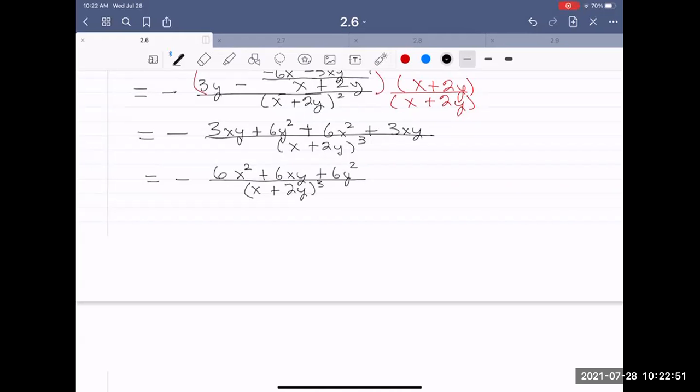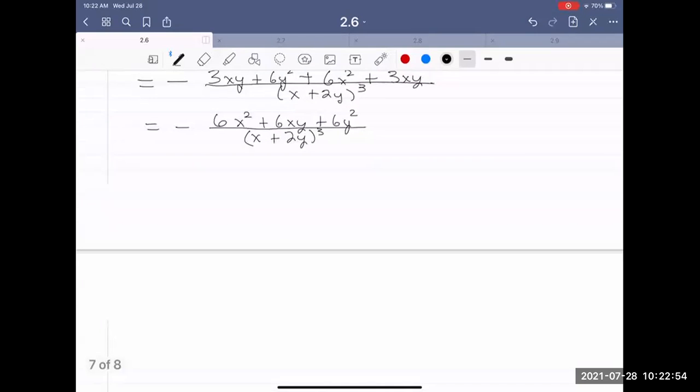And so finally, you get that the second derivative is negative 6 times x squared plus xy plus y squared over x plus 2y cubed. Any questions about that?